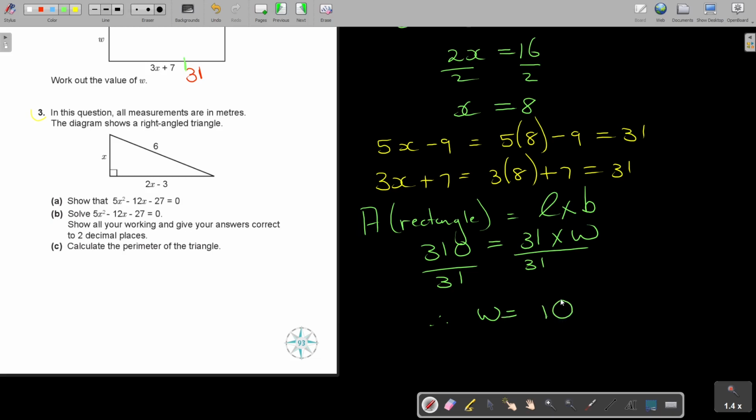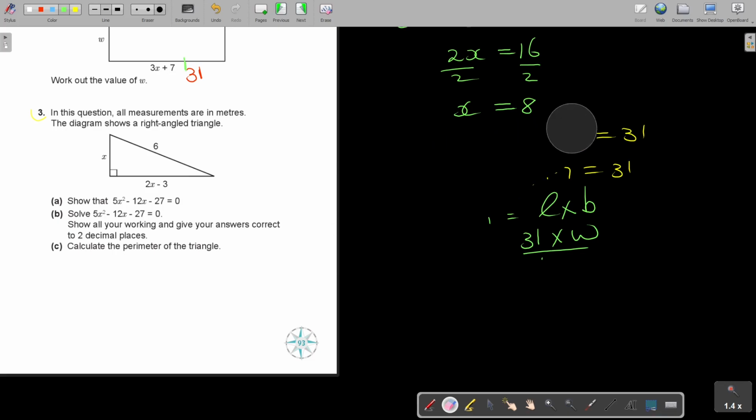Work out the value of W. So 10 meters, therefore the breadth will be equal to 10 meters. Okay, so that was number 2. Not so difficult, a bit different, but not so difficult.